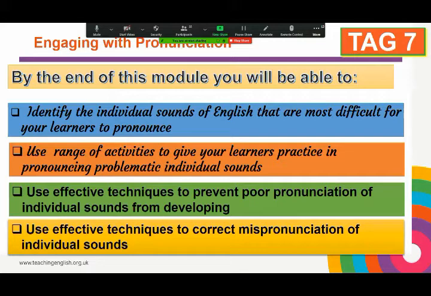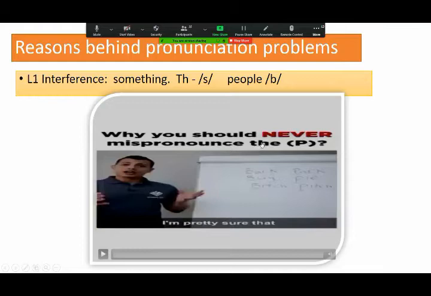So just to start, a very quick introduction. There are different reasons behind pronunciation problems. At first, L1 interference.